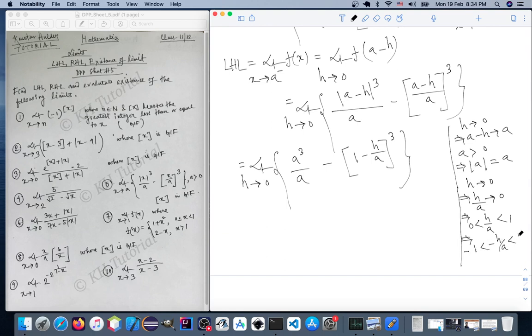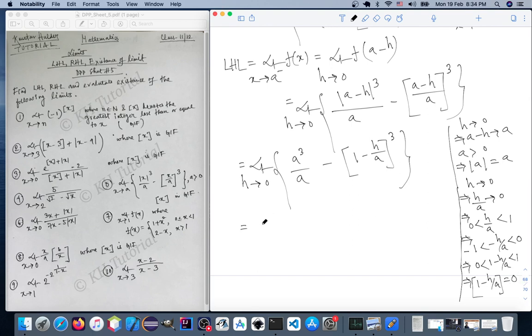If we add 1 to this inequality, it becomes 1 minus h by a is greater than 0 and less than 1. So box of 1 minus h by a is 0.